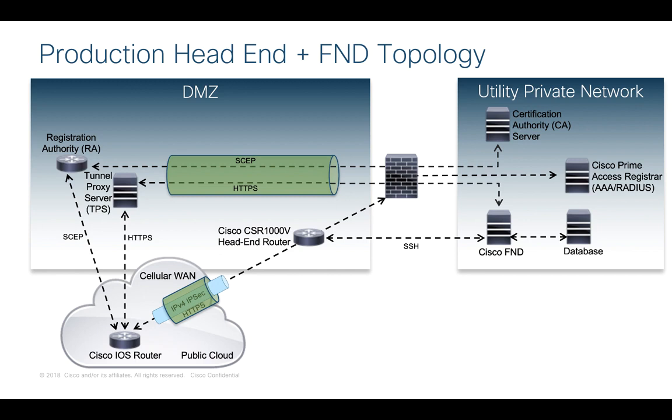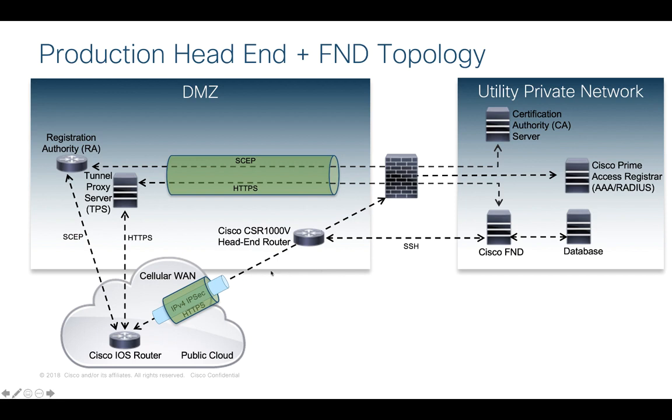So assuming the router has its bootstrap configuration, it will perform SCEP to acquire a certificate. Once the SCEP process is completed, it will then initiate a tunnel request via the TPS. So once the TPS provisions the tunnels on the router, the tunnels will be between the Cisco iOS router shown here and the head-end router that is sitting in the DMZ with one leg in the private network.